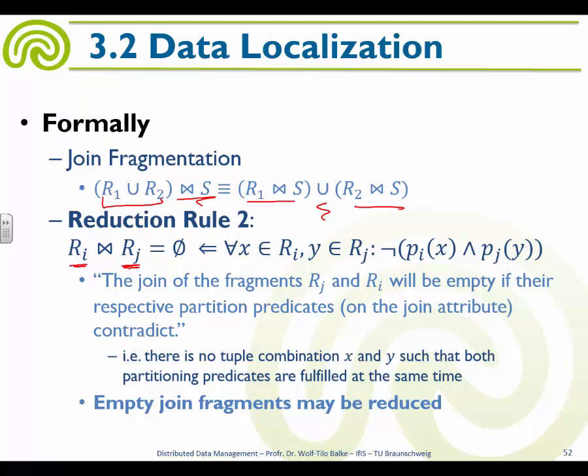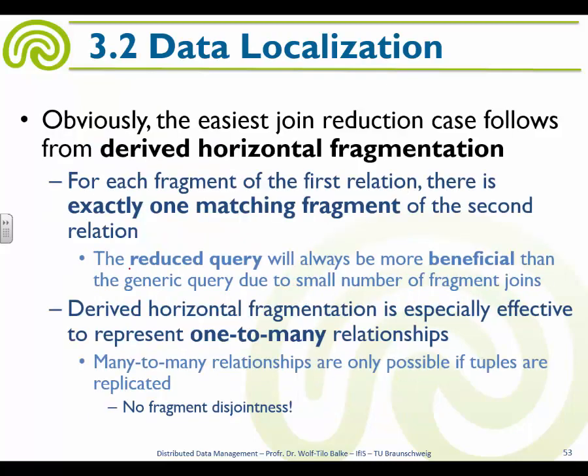Then I can omit them from the joining. The join of the fragments Rj and Ri will be empty if their respective partition predicates contradict. Same as we had before. Empty join fragments, kick them out. We don't need them. Good.